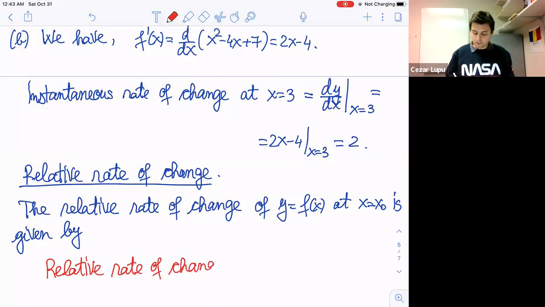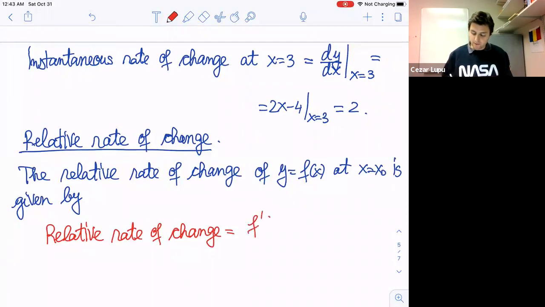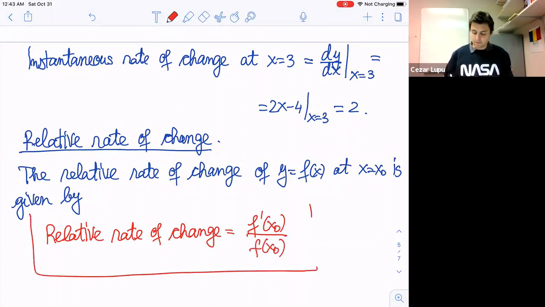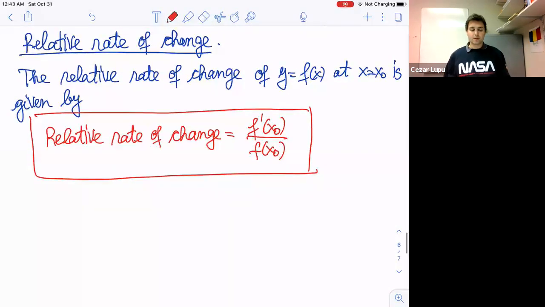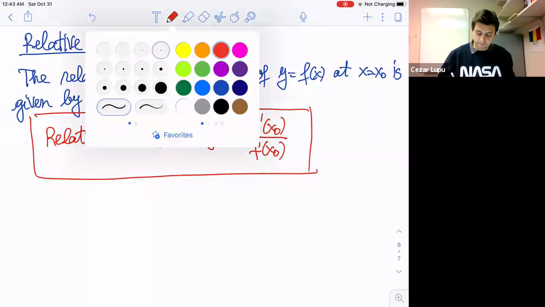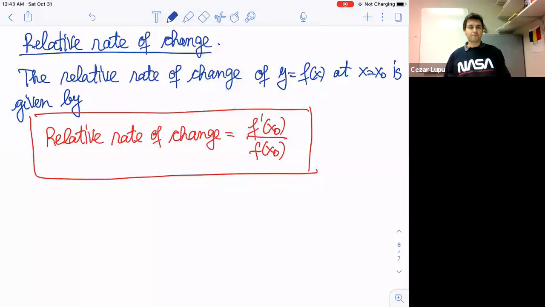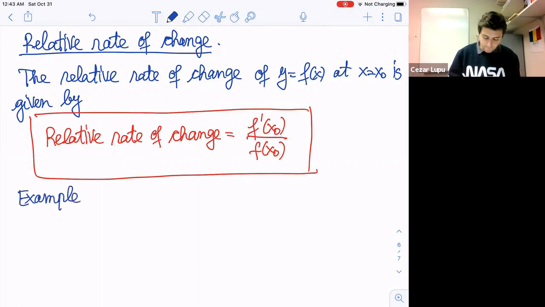So this would be equal to f prime evaluated at x naught over f of x naught. So that's the formula. Look at it. And now let's see how we are going to apply this formula. Let's see a quick example, because this will be important.